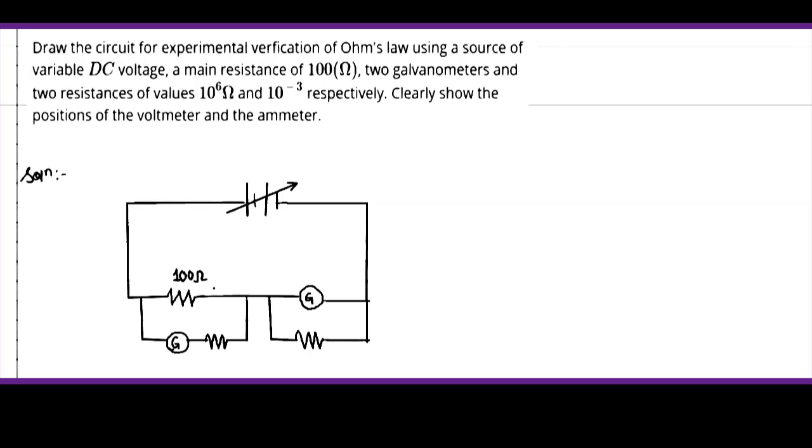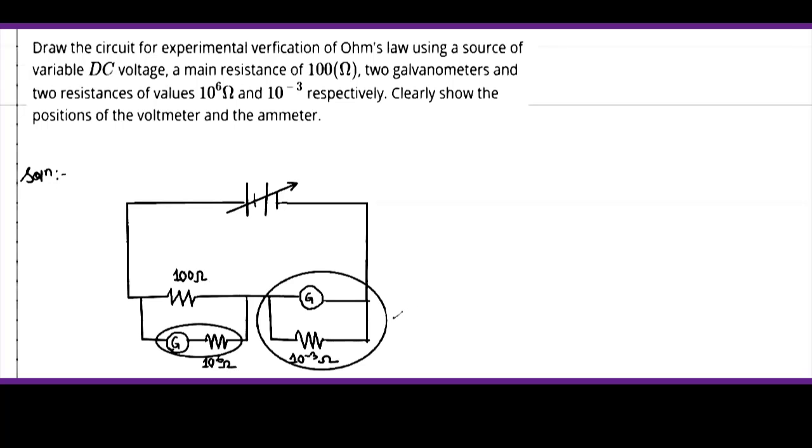And now, since we have connected this galvanometer as a voltmeter, the value of this resistance will be high, that is, 10 to the power 6 omega. And since this galvanometer is connected as an ammeter, the value of this resistance will be small, which is 10 to the power minus 3 omega.